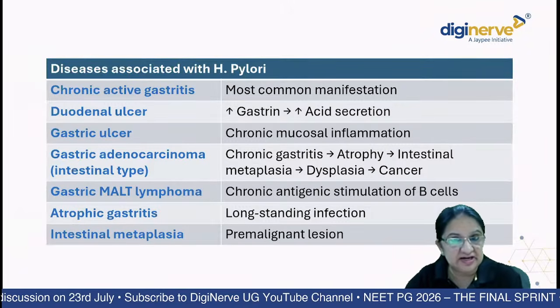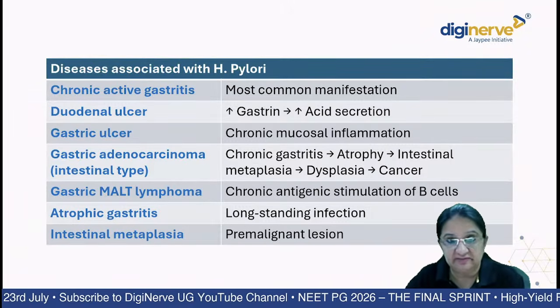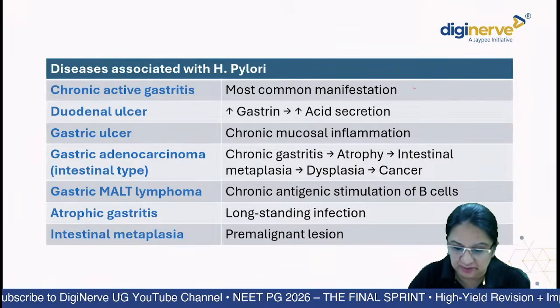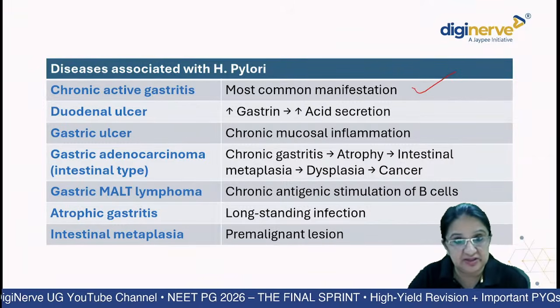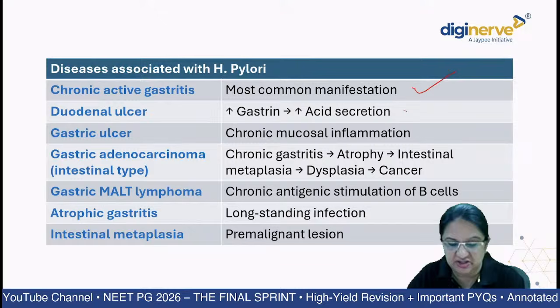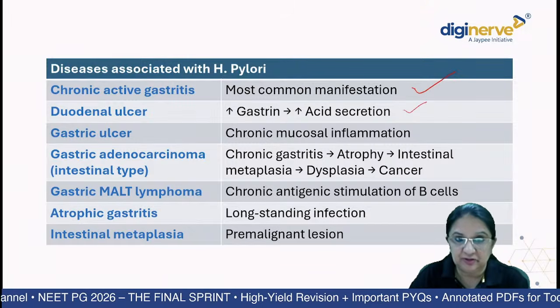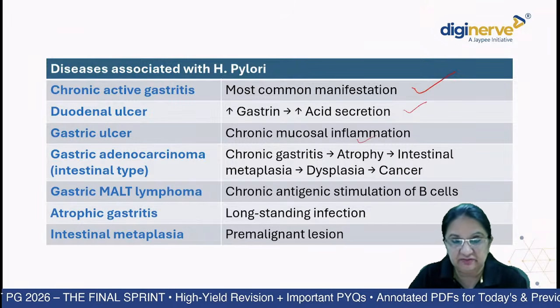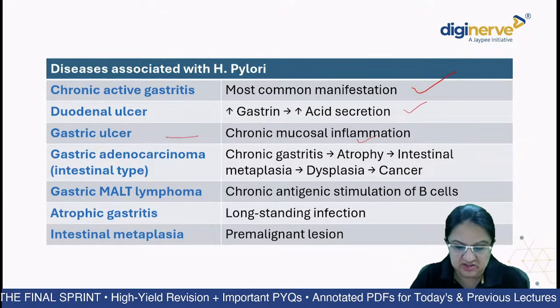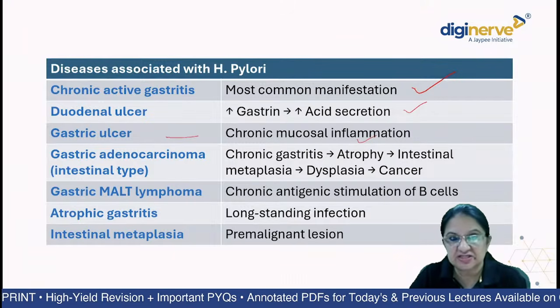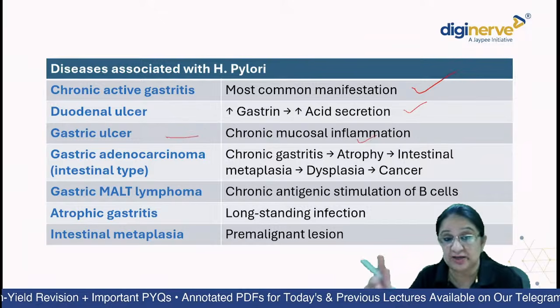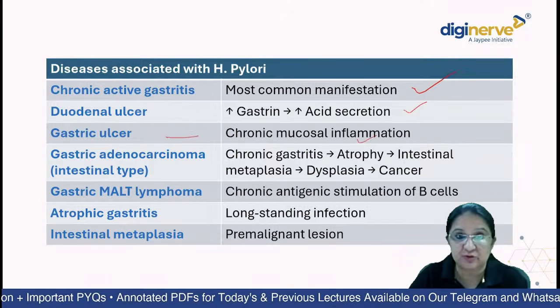Then the questions that can be asked: chronic active gastritis is the most common manifestation, leads to increased gastrin, increased acid secretion, hence duodenal ulcer. Chronic mucosal inflammation can lead to gastric ulcer. What is the pathogenesis for gastric adenocarcinoma? Intestinal type, remember, not the diffuse type.